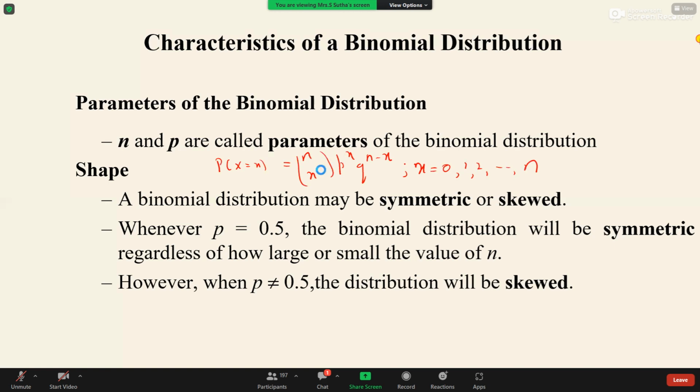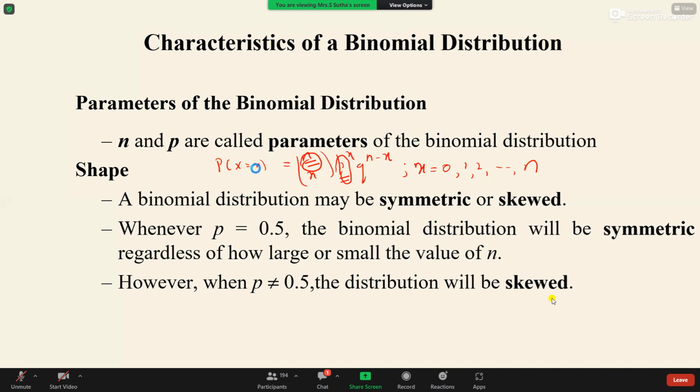If you want to calculate the binomial, we have to know the value n and the value p. If we know these two values, then only can we apply this formula to calculate the probability for a particular number of successes.